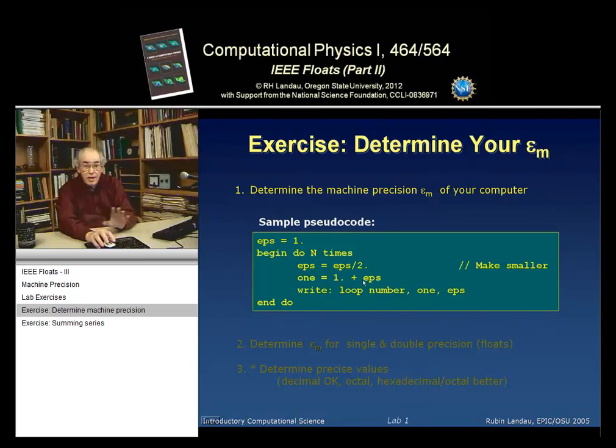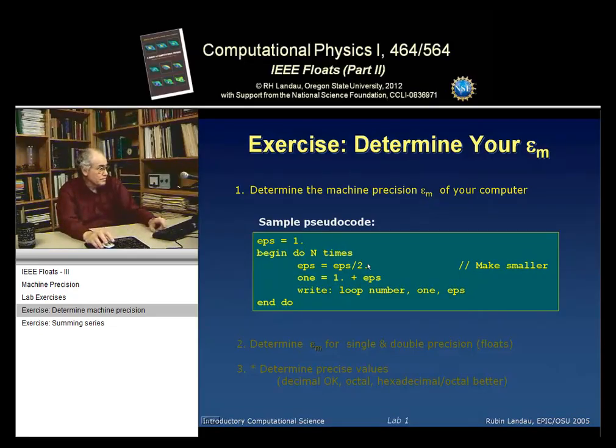So at some point, when your computer is printing out to all the precision for a single or a double that you have, you'll see that the number the computer has stored as 1 plus epsilon will actually be 1. And then at that point, you know that epsilon is machine precision, at least within a factor of 2, because that's all we're doing here, dividing by 2.